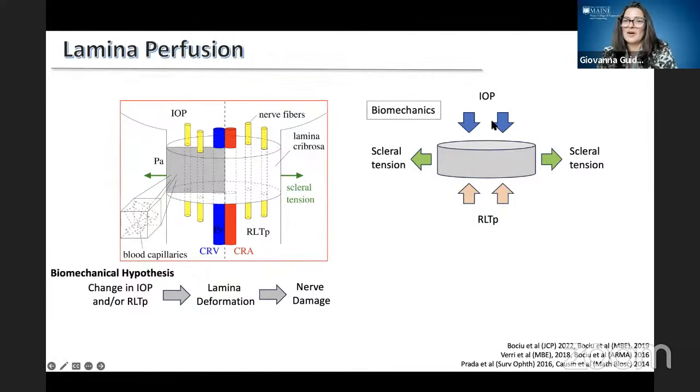And as intraocular pressure increases, so the eye kind of inflates, generating a tension on the outskirts of the tissue. Also, as intraocular pressure increases, the lamina will deform more. Of course, it depends on what is the pressure on the other side. Here it is labeled as retrolaminar tissue pressure, which is connected to the cerebrospinal fluid pressure and the intracranial pressure in the brain. So it is a delicate balance of pressures that ultimately will determine how this lamina will deform.